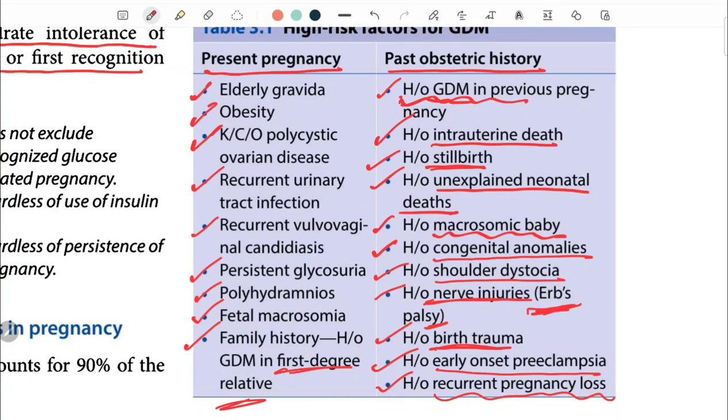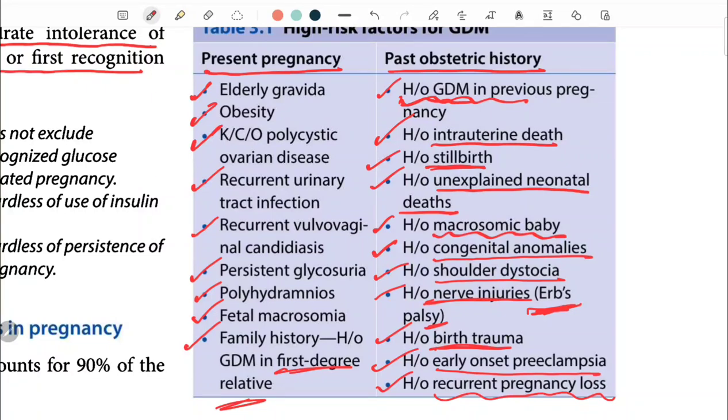So all that you'll need to know in past obstetric history is history of GDM in any previous pregnancy, history of intrauterine death, stillbirth, unexplained neonatal deaths, macrosomic baby, congenital anomalies, shoulder dystocia, nerve injuries or Erb's palsy, birth trauma, early onset preeclampsia, and recurrent pregnancy loss.